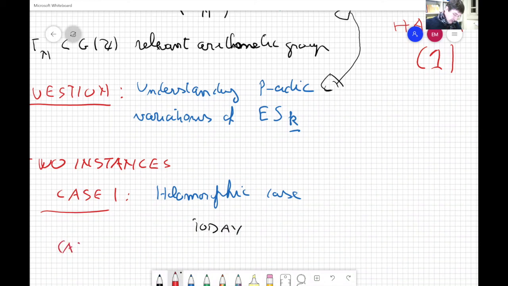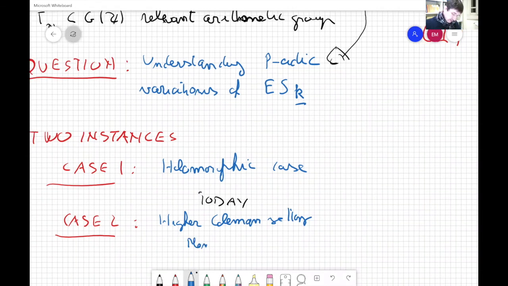And there is case two, which is the case that actually attracted our attention, where you study the higher Coleman setting, or the non-holomorphic case. Terminology here is not very good, sorry about this.